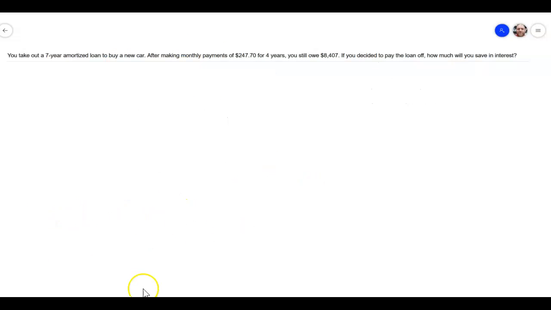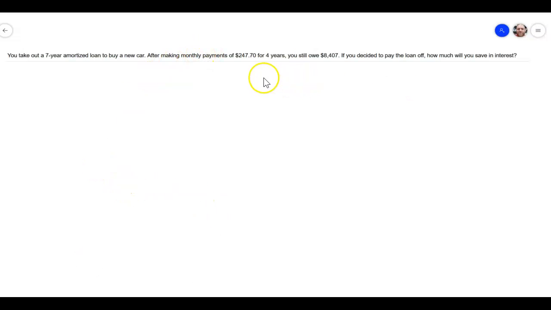All right, here we have a decently easy problem to go into some of these tougher ones. It says you take out a 7-year amortized loan to buy a new car. After making monthly payments of $247.70 for 4 years, you still owe $8,407. If you decide to pay off the loan, how much will you save in interest?